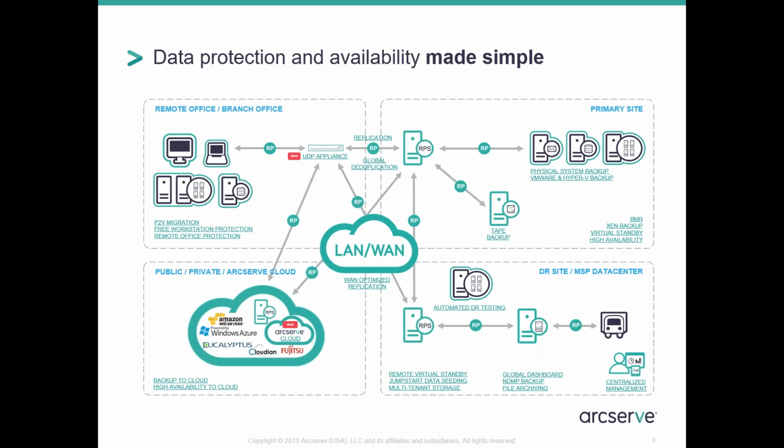What that allows you to do is, for example, you could be backing up VMware in production or physical servers, and we can spin up your production servers into a Hyper-V environment. So we don't need to have the same hypervisor deployed at multiple sites for DR purposes. And when we talk a bit more about the Arcserve Cloud, we have a whole Hyper-V layer in our cloud that we can spin up your production backups in, and provide disaster recovery as a service using Hyper-V.